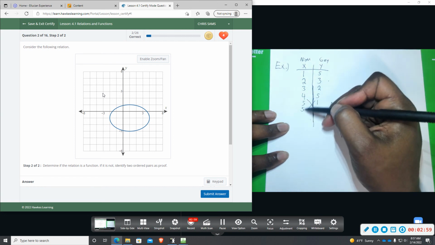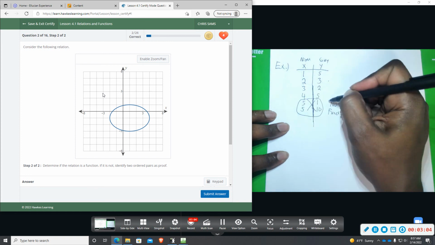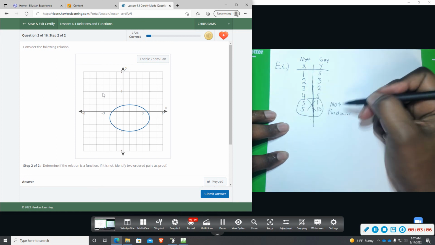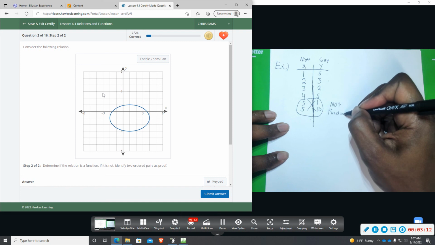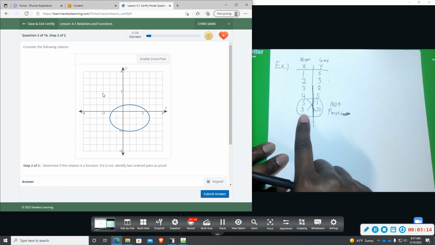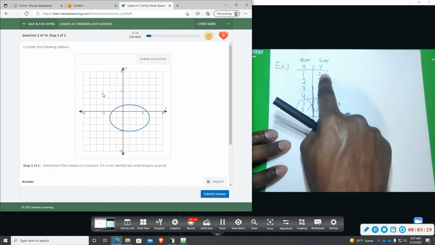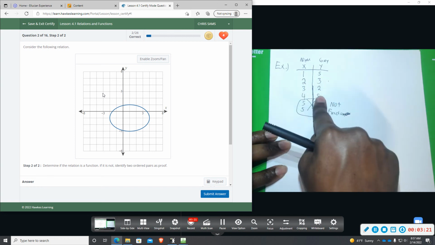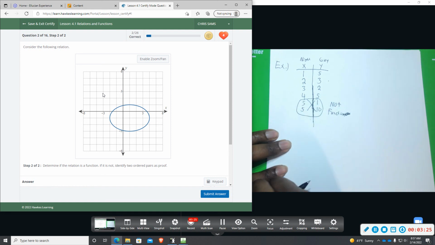We cannot have 2 dates on the same night, we can only have one at a time. So this is 2 at the same time, where we break the rule of being a function. I'm just going to say not a function. The rule says each X is paired with exactly one Y. Here we have the same X paired with 2 different Y values.